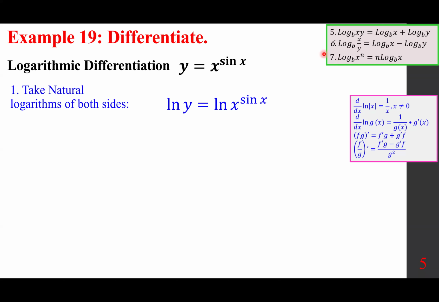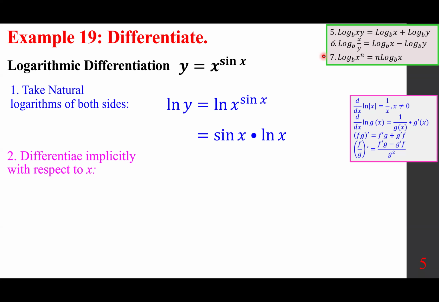We are looking at number 7, the power rule. So the left side doesn't change. Number 2, differentiate implicitly with respect to the independent variable, which happens to be x. So ln y gives you 1 over y times y prime. That's the left side. The right side clearly uses the product rule.